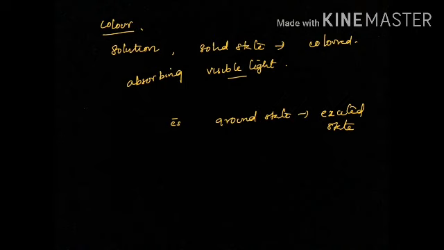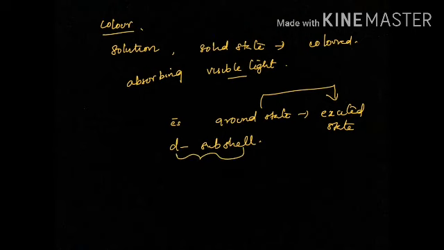When a transition element absorbs light, the electron gets promoted from one orbital to another orbital in the same d subshell itself, from the lower energy state to the higher energy state.